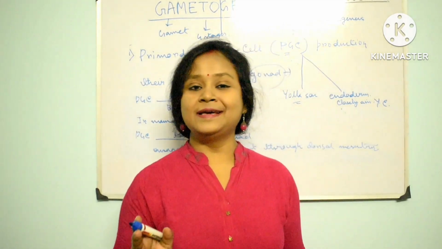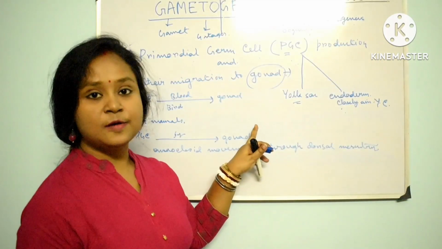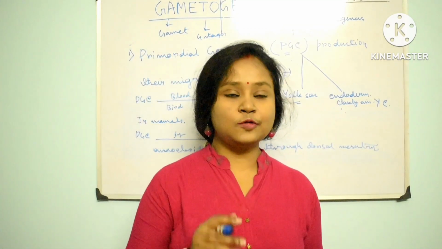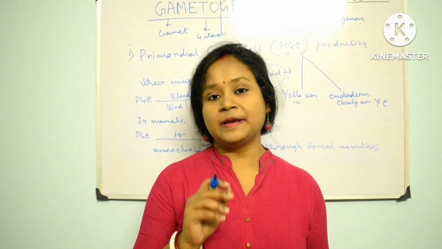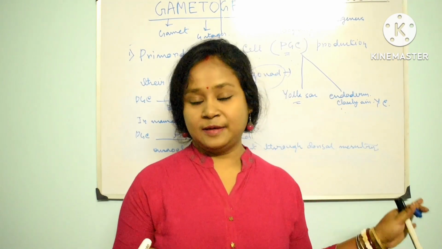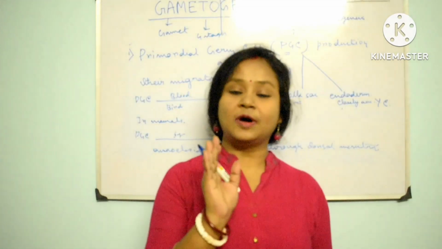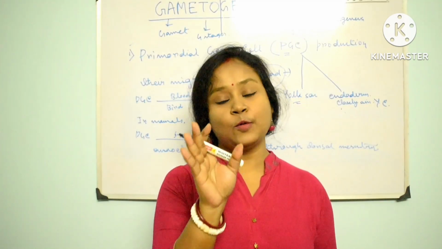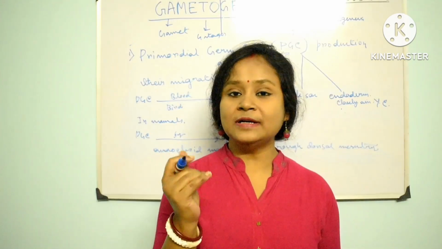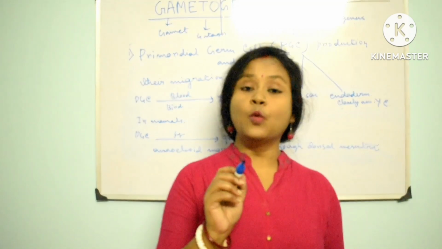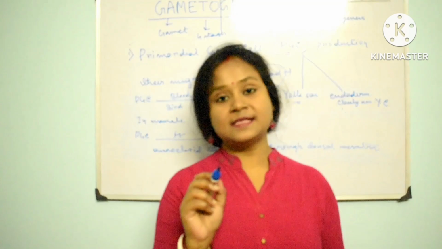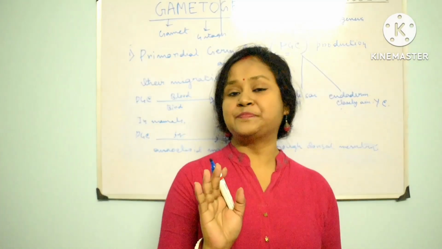However, there are three opinions about the fate of these PGCs after reaching the gonad. One opinion is that the germ cells reach the gonad through blood and then disintegrate. Another opinion is that primordial germ cells are motile, meaning they can move, endodermal cells and have no role in reproduction.